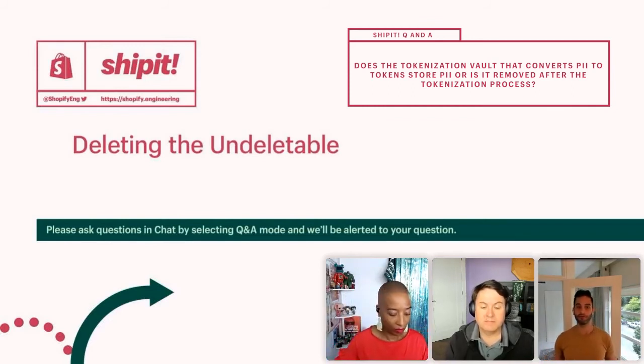When we get the token, a data scientist might ask for the raw PII and we exchange it. So we do have the raw value as long as there has been no deletion request. But once the deletion request is there, then we remove the raw PII value. And even if we get the request to be detokenized, it just results in a null or redacted.